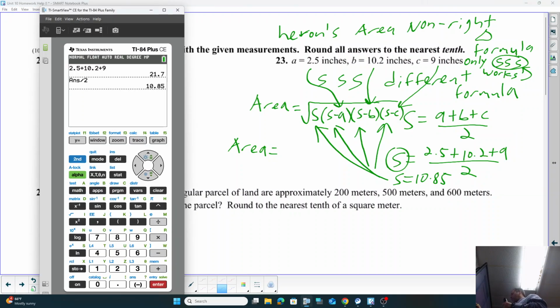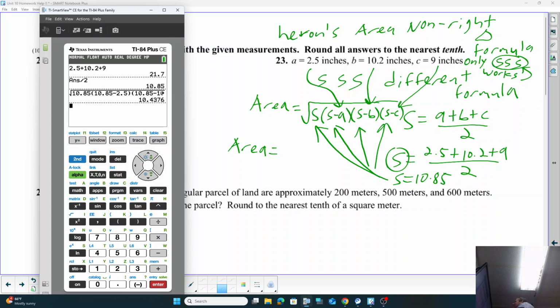Okay, here we go. We're going to do the square root of that 10.85 times 10.85 minus 2.5 times 10.85 minus the next number, which is 10.2, times 10.85 minus the last one, which is 9.